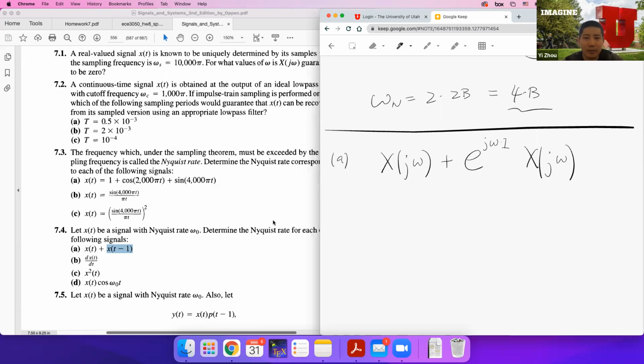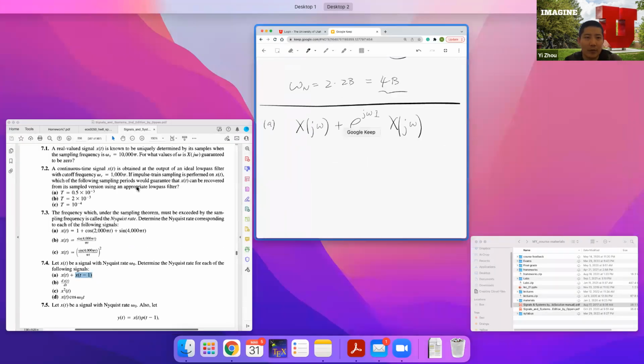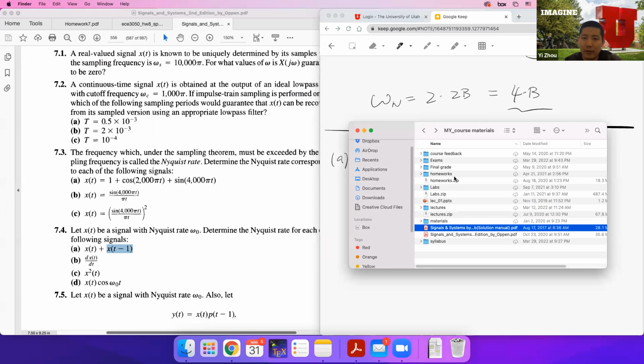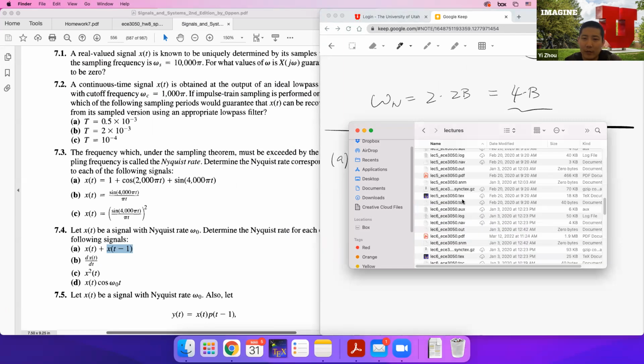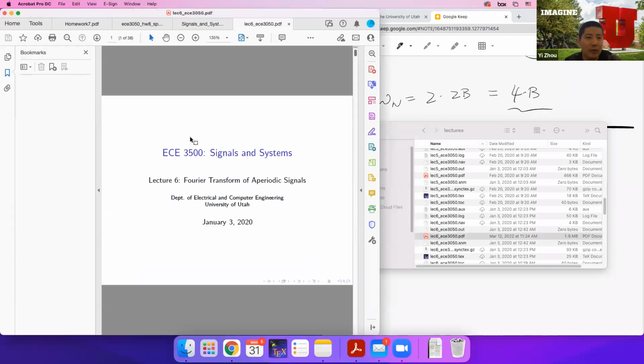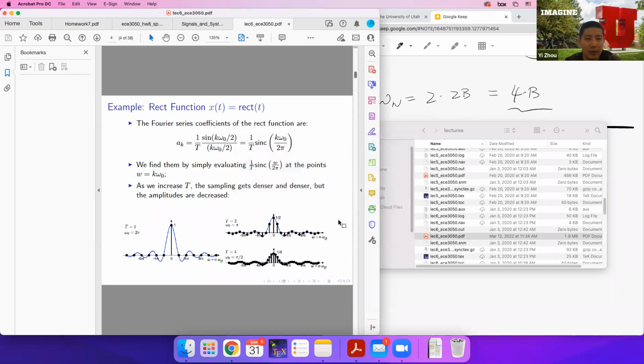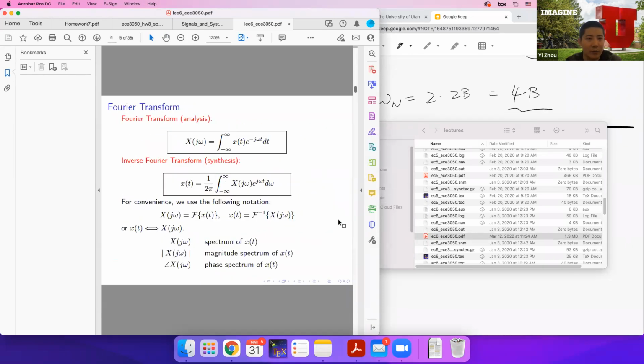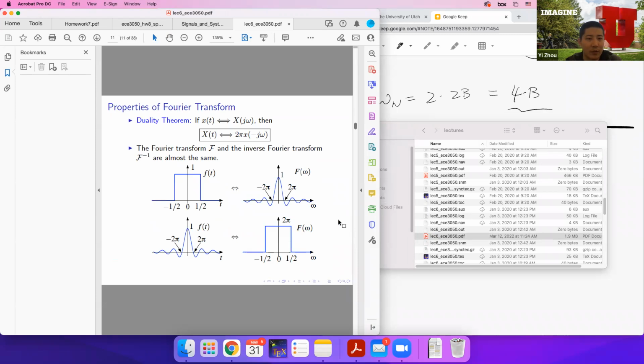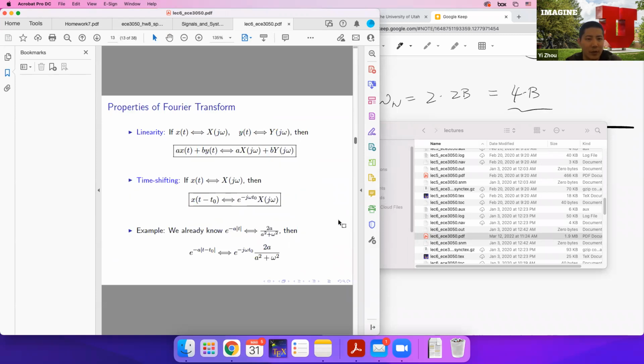Like the time shifting property. Let's check. Sometimes I also get confused by these basic properties. Oh yes, it's negative.